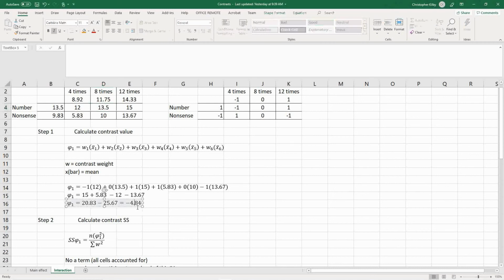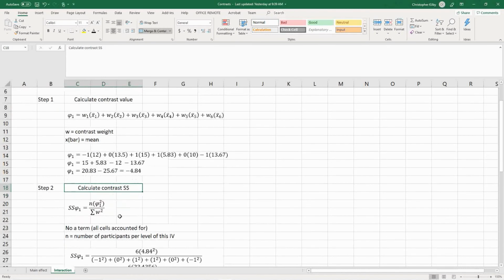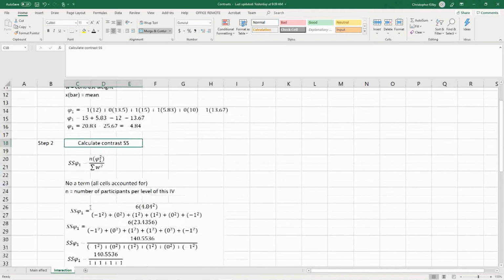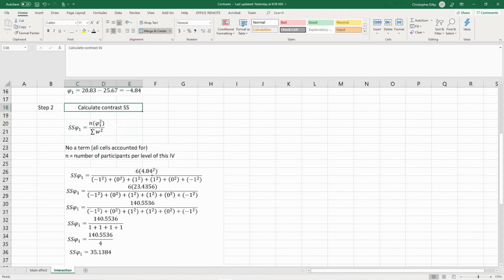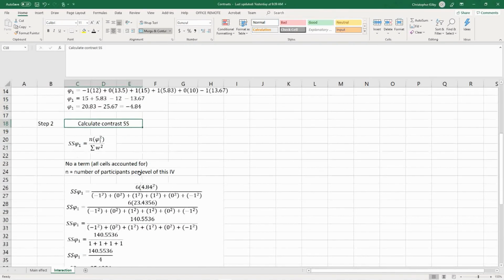So once I've calculated this, I can calculate the sums of squares. Now the sums of squares formula is exactly the same as before, except I don't have an A term, because all cells are accounted for. Otherwise it's exactly the same. 6 and then in brackets 4.84 squared, and then underneath I've just got each of my weights squared.